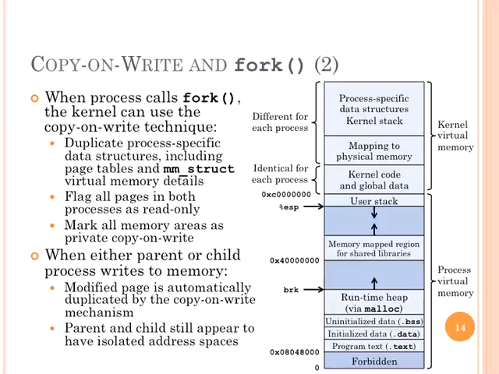The code is only loaded once, and anything that doesn't change is only copied once. So it's a very efficient technique for forking processes. Make sense? Cool. Thankfully, we never have to implement this because it would be really complicated. There are a lot of wrinkles when you do this stuff.